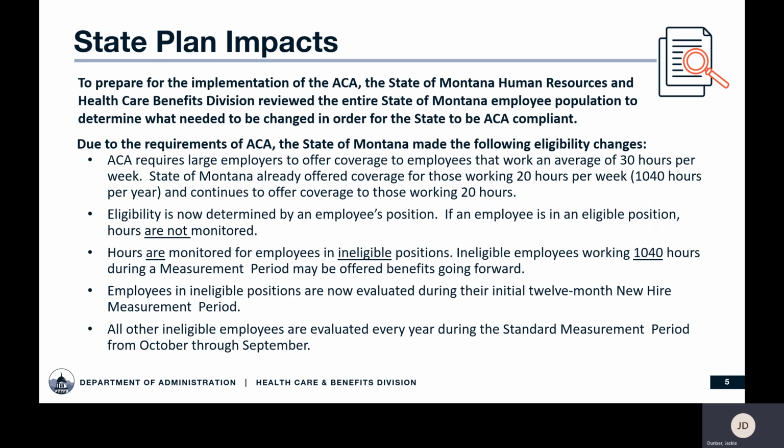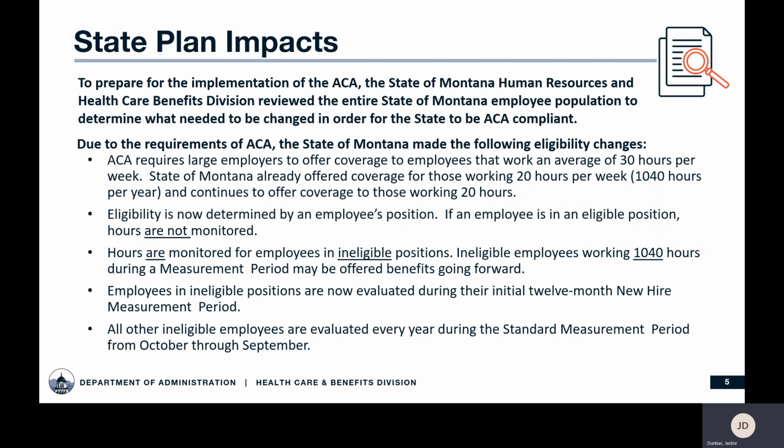The state of Montana now determines benefits eligibility based on employee positions, not hours. If an employee is in a benefit eligible position, hours are not monitored and employees remain eligible regardless of hours or leave status. However, hours are reviewed through a 12-month measurement period for those employees in positions that are ineligible for state plan benefits.